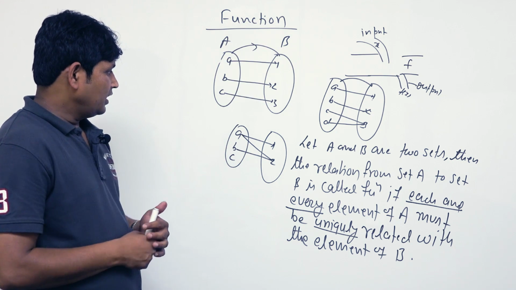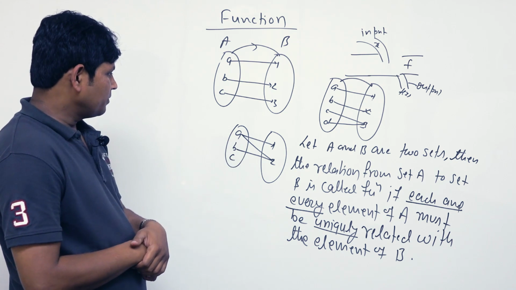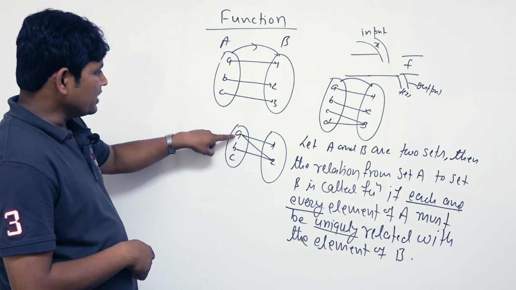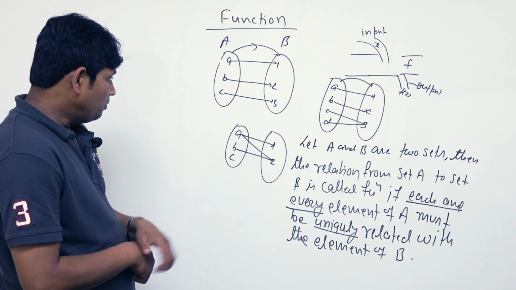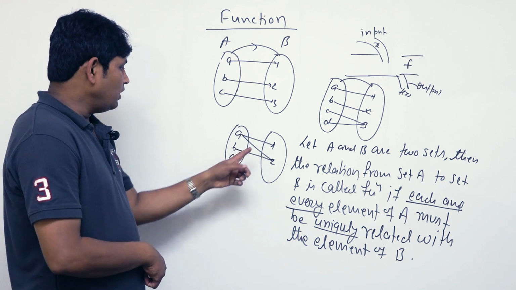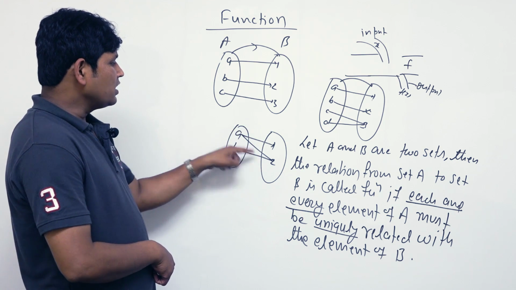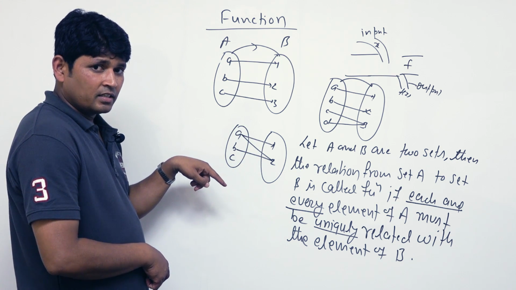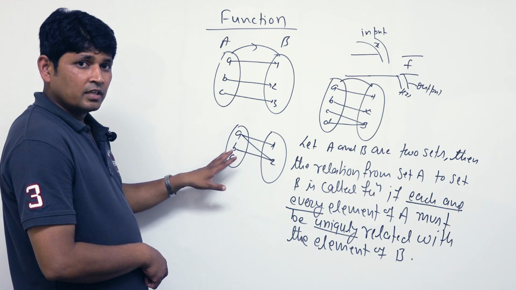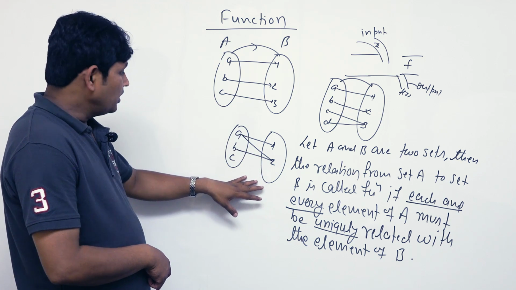But in the next one, is the function working or not? Is it a function or not? We can see A has a relation with 1, it's okay. But A also has a relation with 2. So here is the contradiction. Yes, this is a relation, but we can't say this is a function.